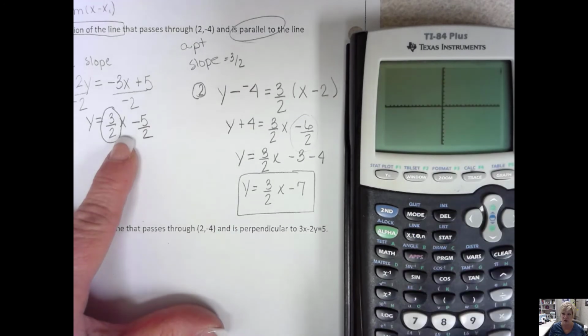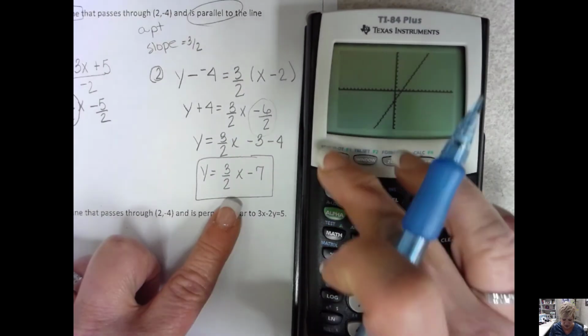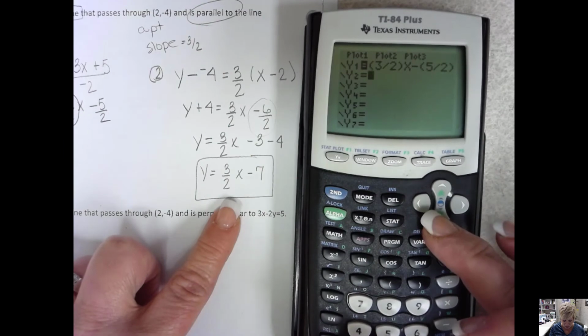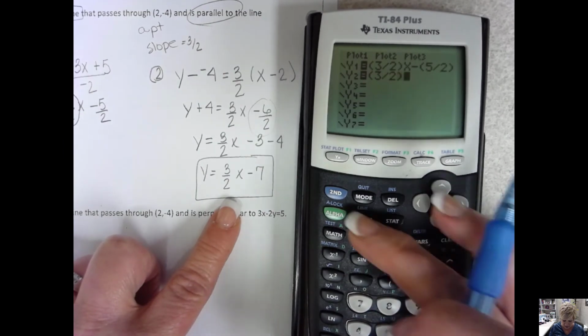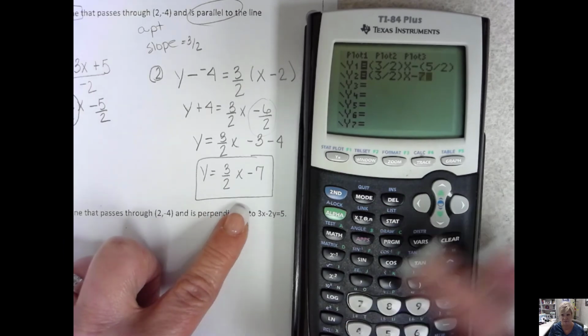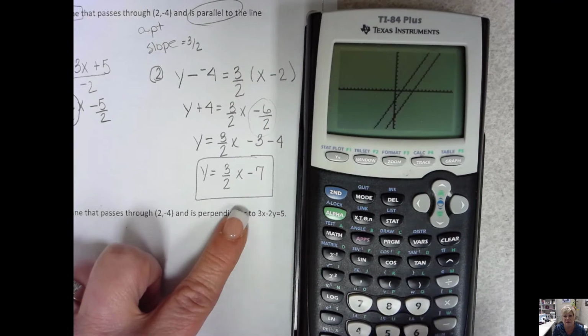And you get your original line, positive slope. And then the line that we just found, go back to our y equal. We have 3 divided by 2x minus 7. And there's a parallel line. So it looks good.